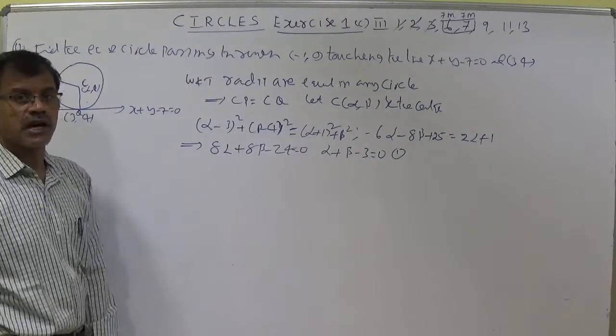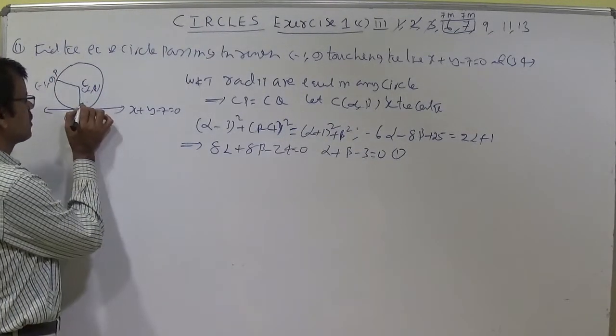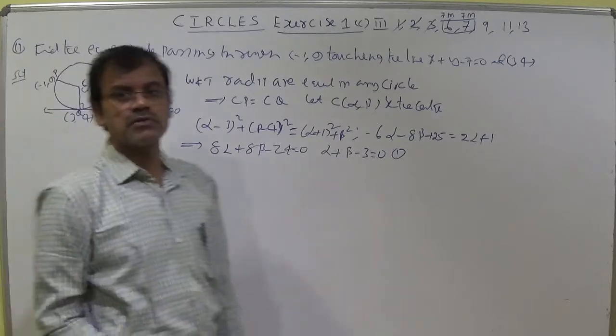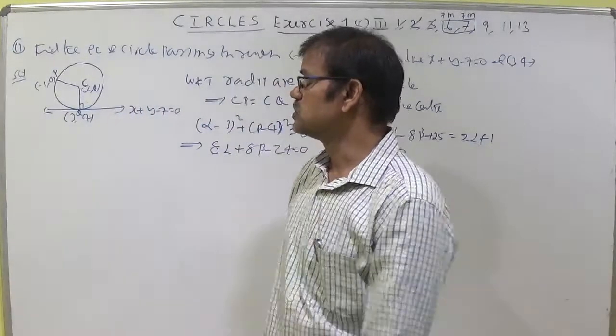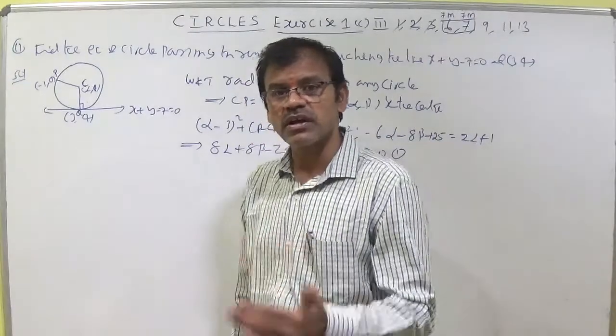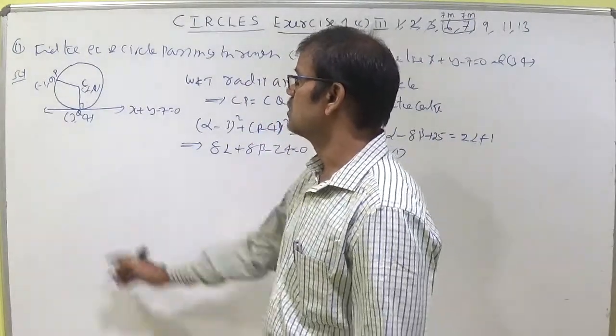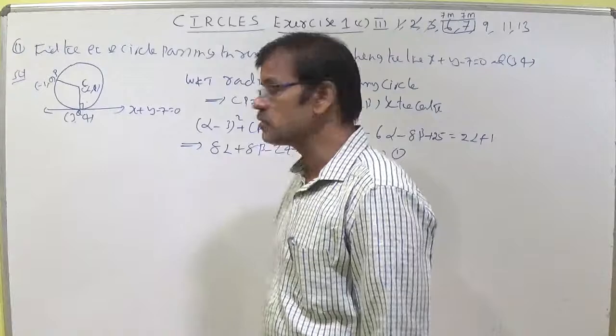Now, using the concept that the perpendicular distance from the center to the line is the radius if the line is a tangent, CQ is perpendicular to the tangent.